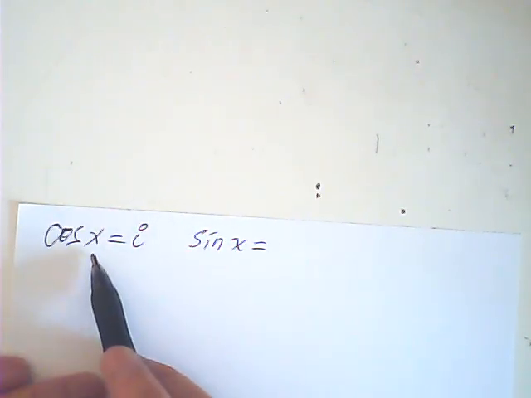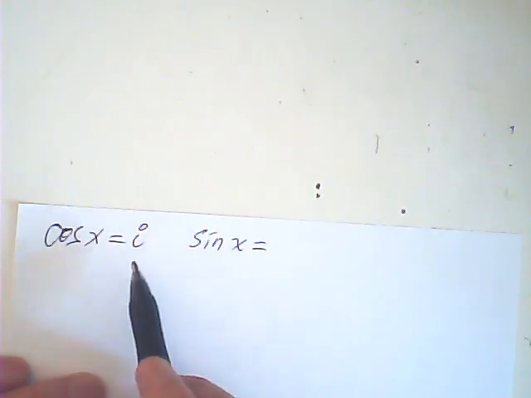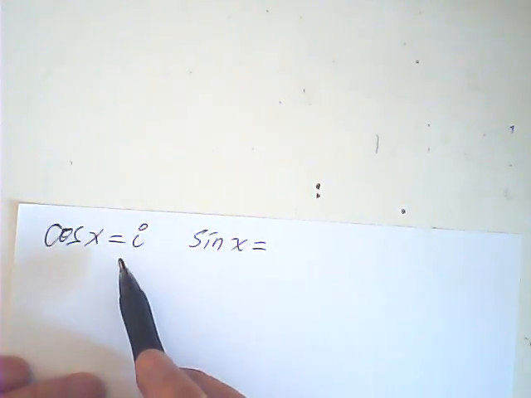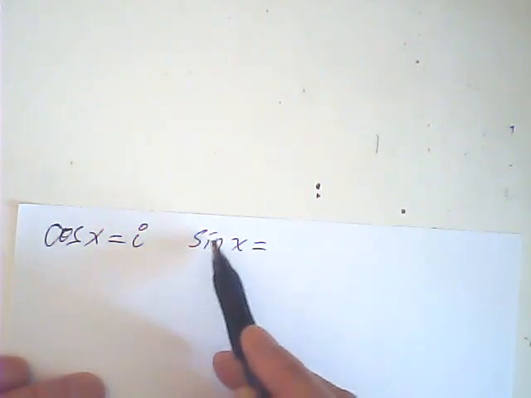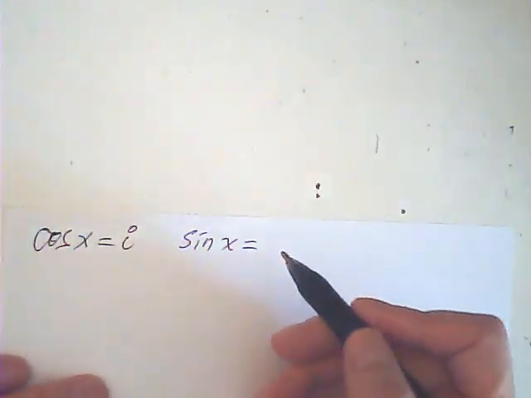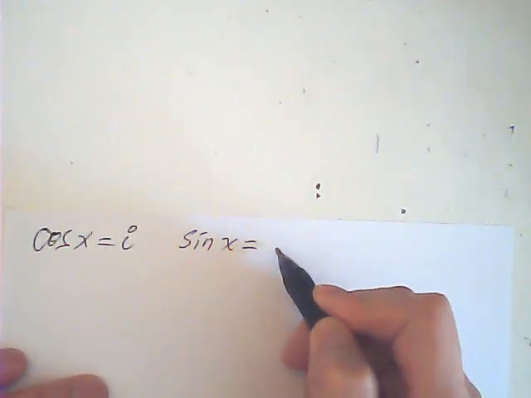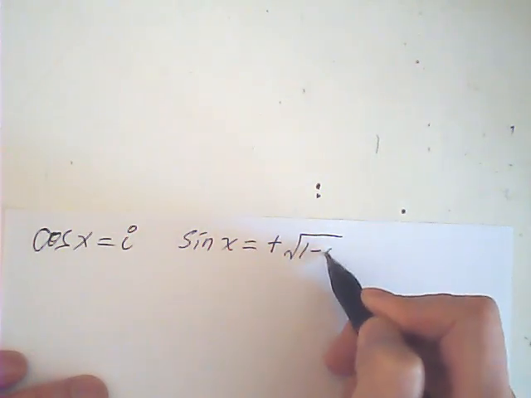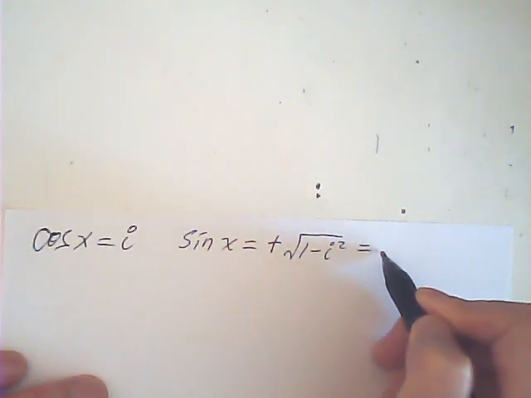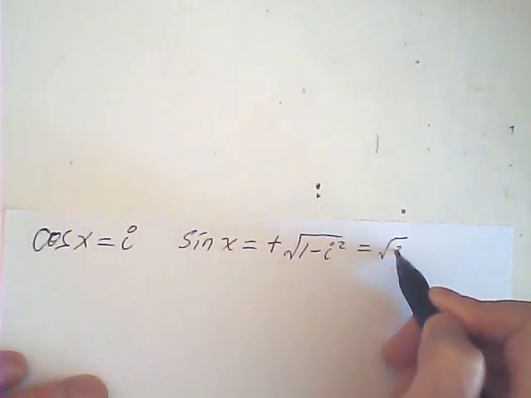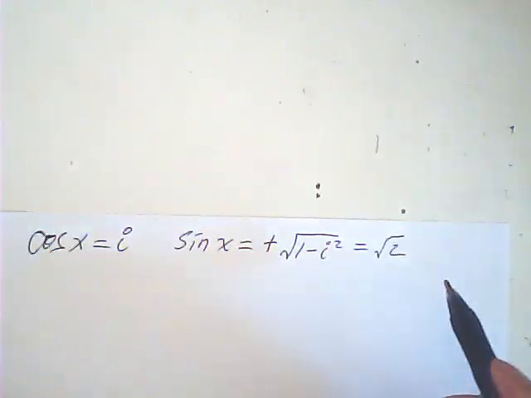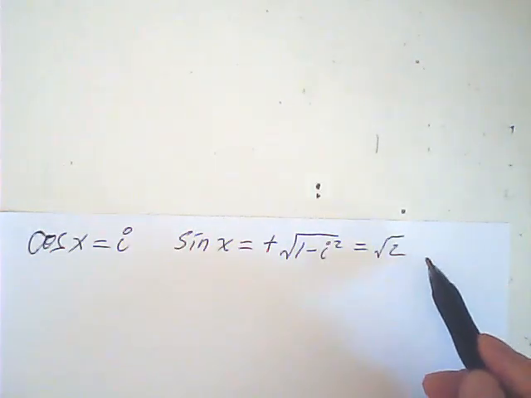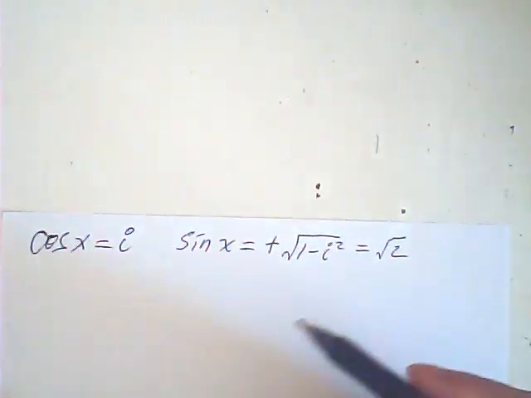The x could be in the fourth quadrant. I'm considering the fourth quadrant at the end, so I'm not considering it here. So I'm taking only the positive case, right? Positive square root of 1 minus i squared, so let's go to root 2. That is the first quadrant. The fourth quadrant I'm considering later.